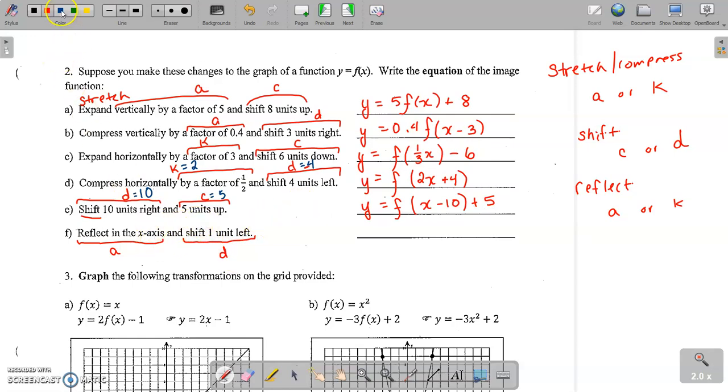And then finally here in the last one, reflecting in the x-axis means your a value is negative 1. Shift 1 unit left means your d value is negative 1 as well. So the transformed function would look like y equals negative f of x plus 1. All right.